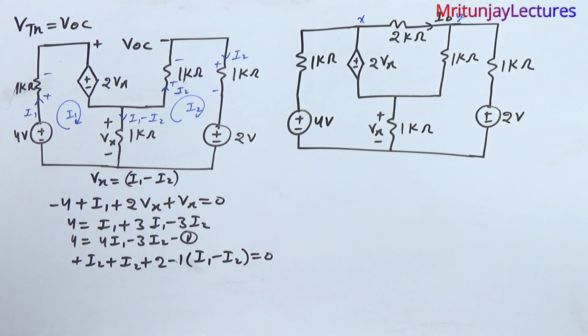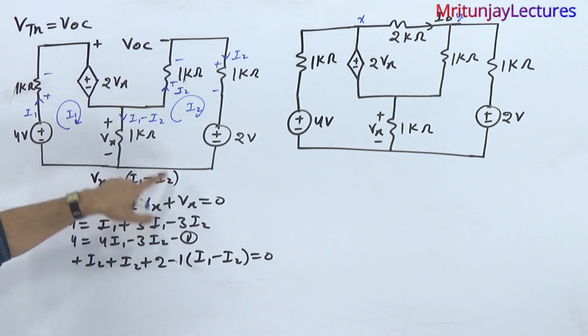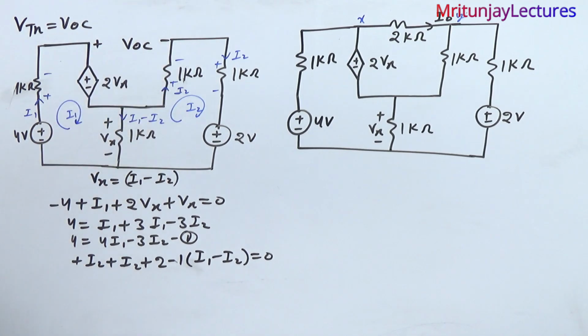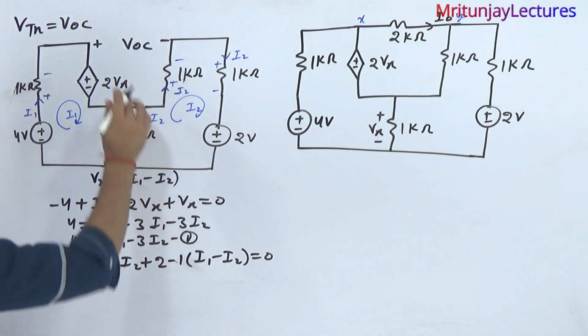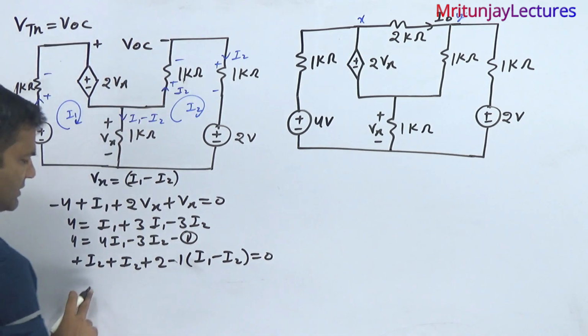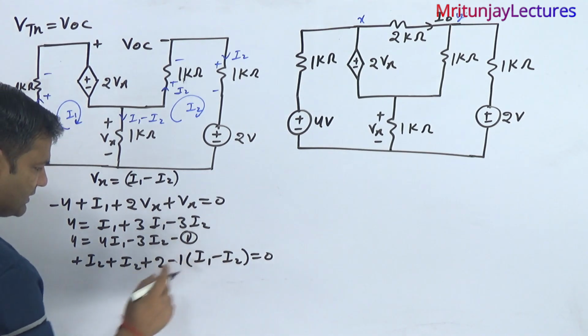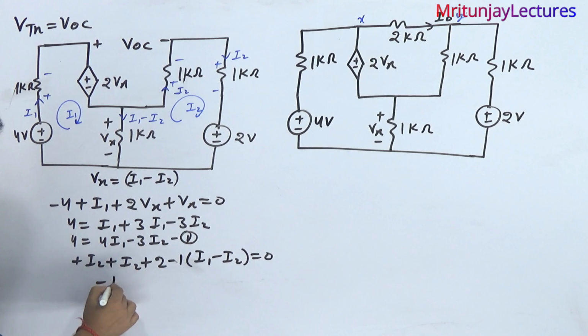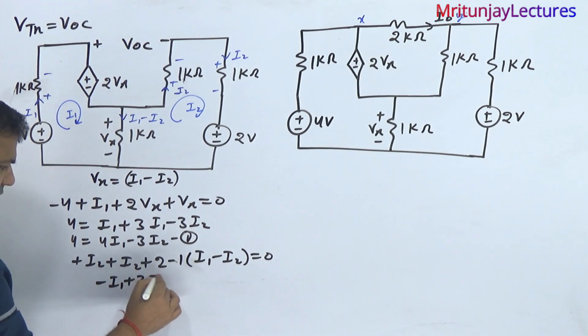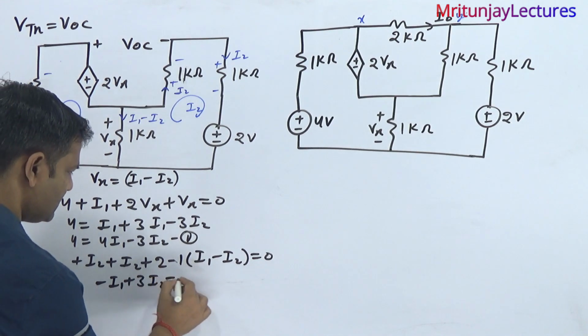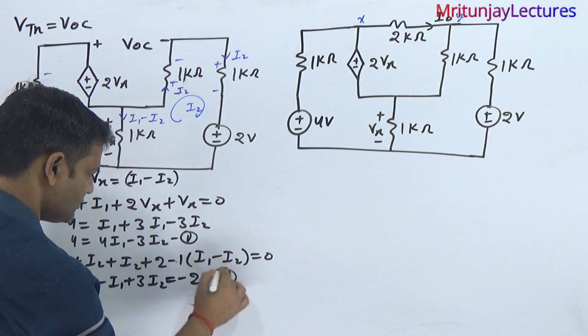So our target is to determine Vx, or I1 and I2, then put this value in this loop, and then we find V of OC. First determine I1 and I2. So I2 plus I2 is 2I2, that is 3I2, minus I1 plus 3I2 plus 2, or you can say minus 2, equation number 2.